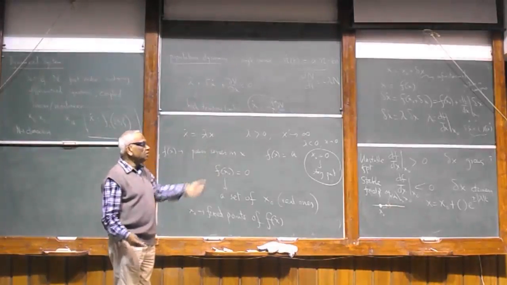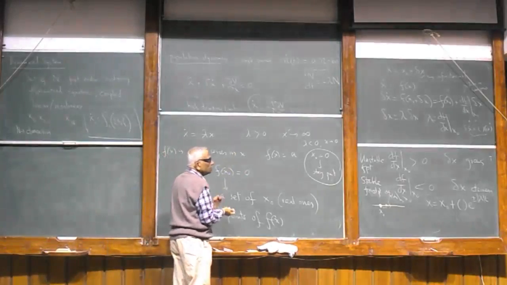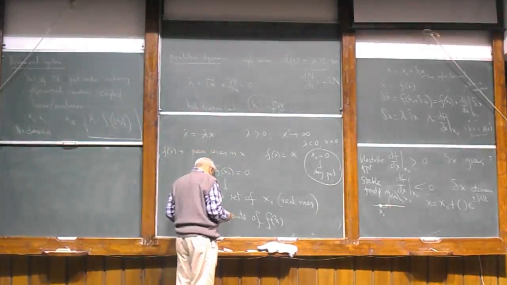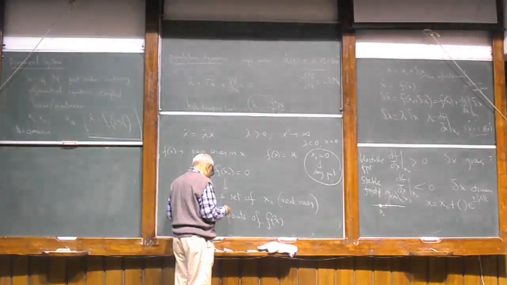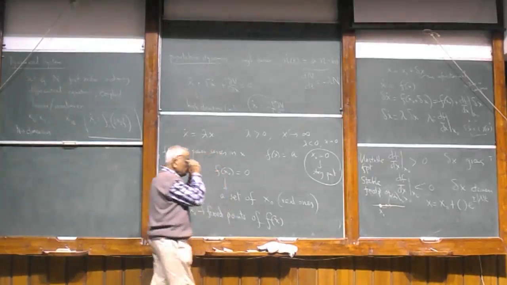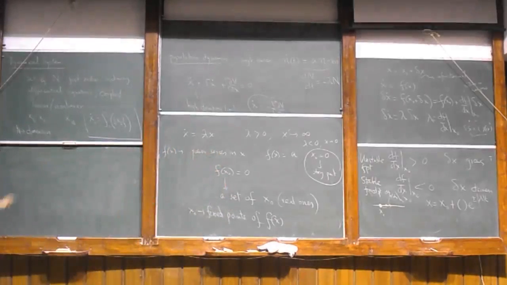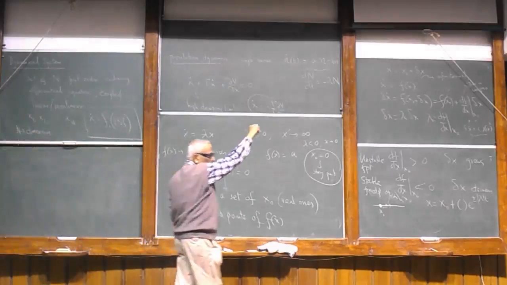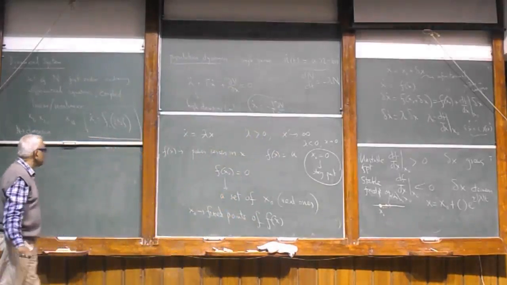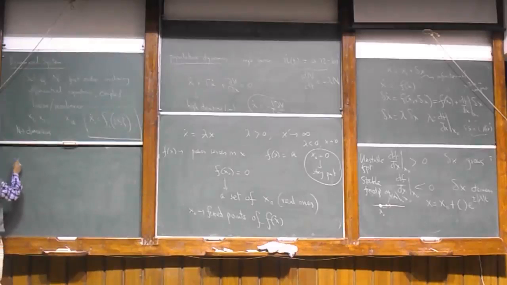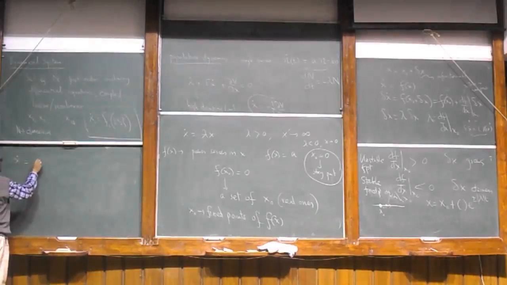There is just one criterion, stable or unstable, depending on this derivative, and that's about all that one needs to know.